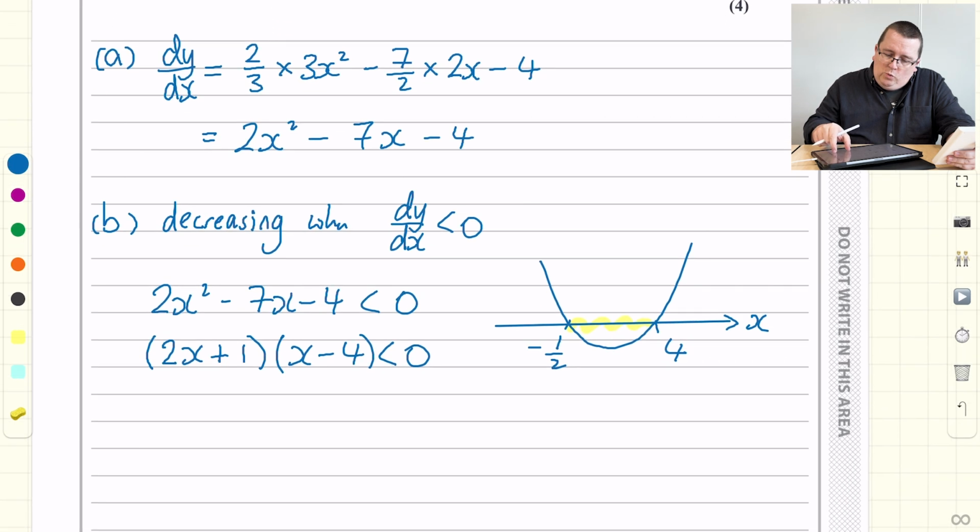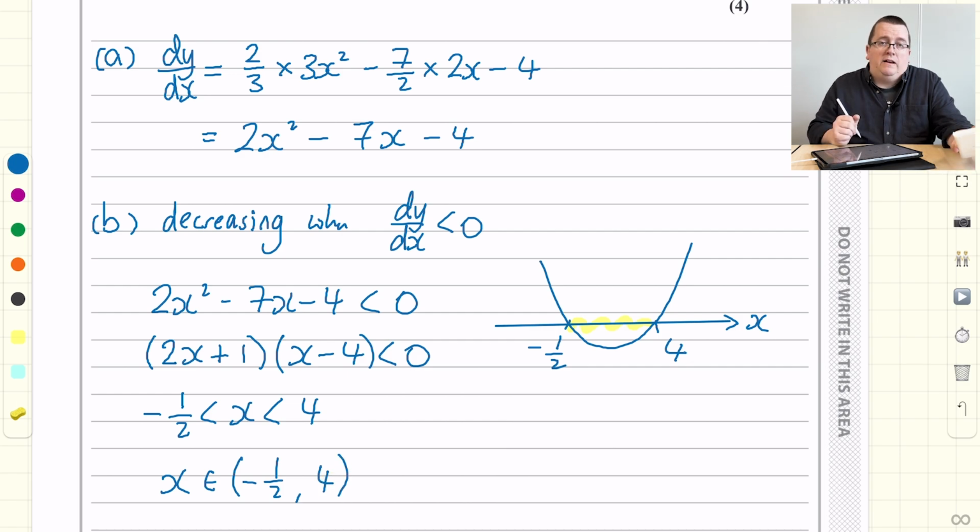So we are between minus 1/2 and 4. So minus 1/2 is less than x, is less than 4, is our answer. Or alternatively, we could write it in interval notation, which would be x belongs to minus 1/2, comma, 4 with curved brackets. So this is question number 2.